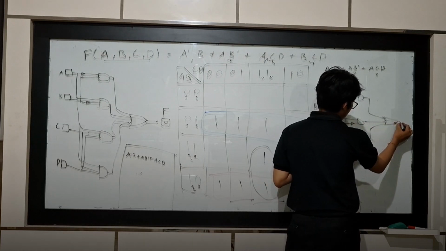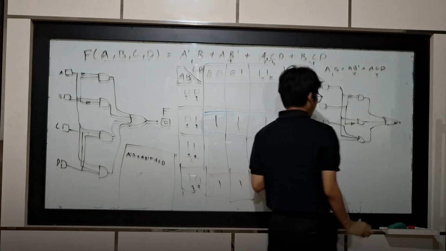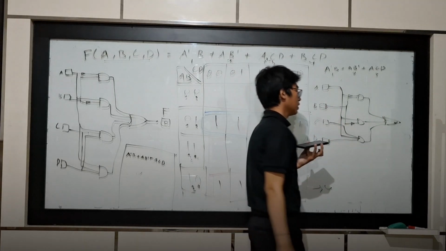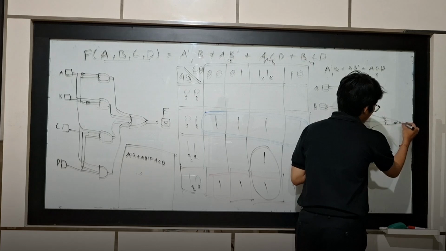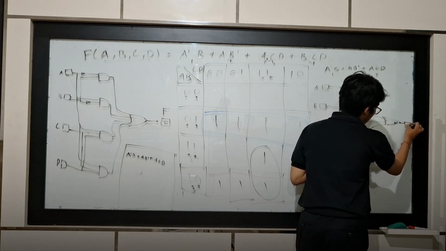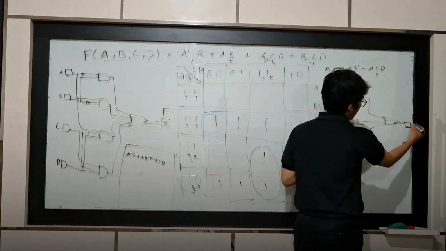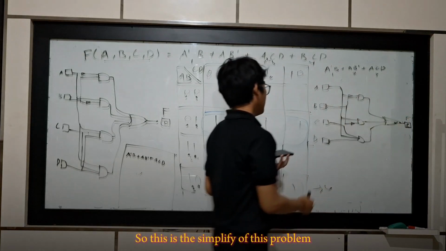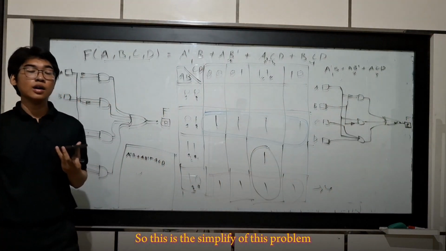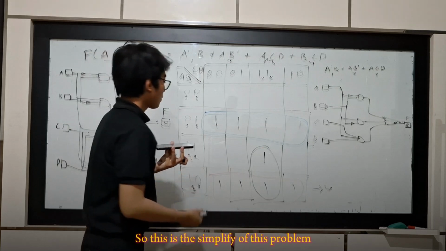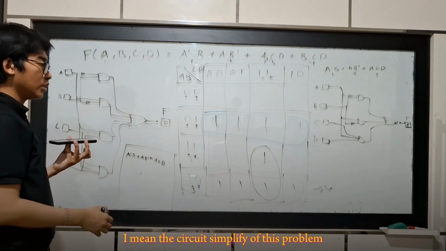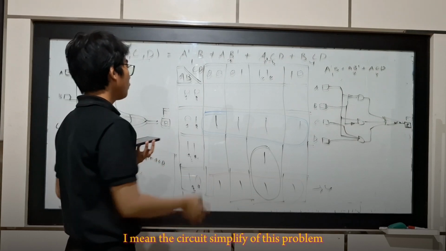Okay, so we connected all of the AND gates to the OR gate, and then the last is, of course, to connect the OR gate to the output. So this is the circuit simplification of this problem.